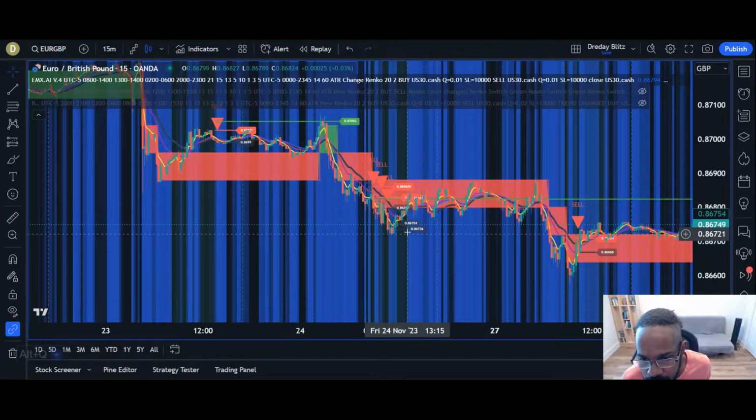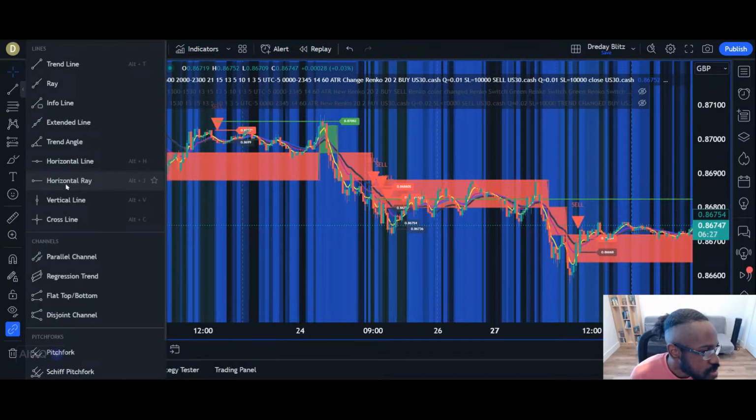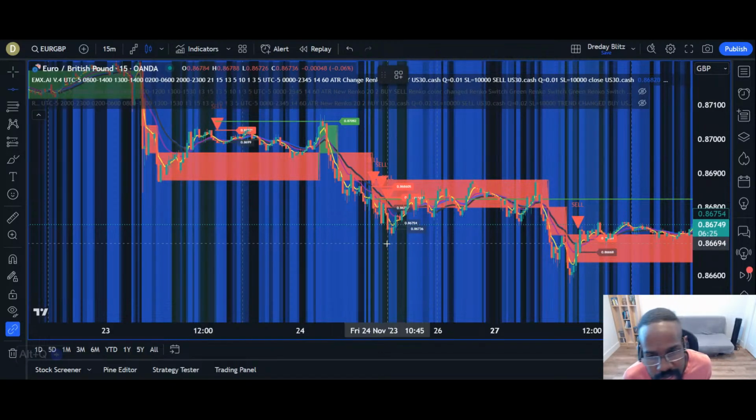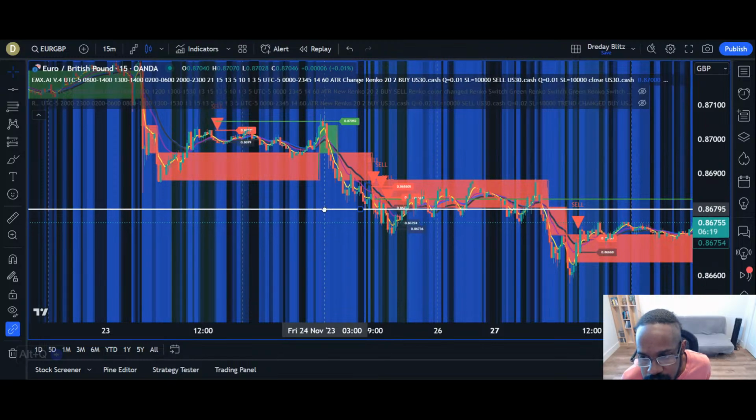So the next wrinkle will be here, this line. Put a horizontal line here. So you plot your lines depending exactly on when the entry was.